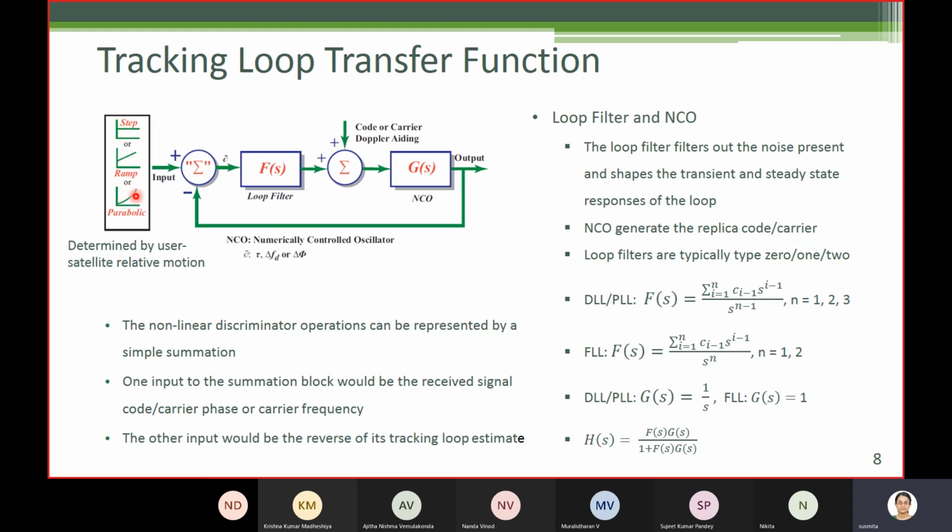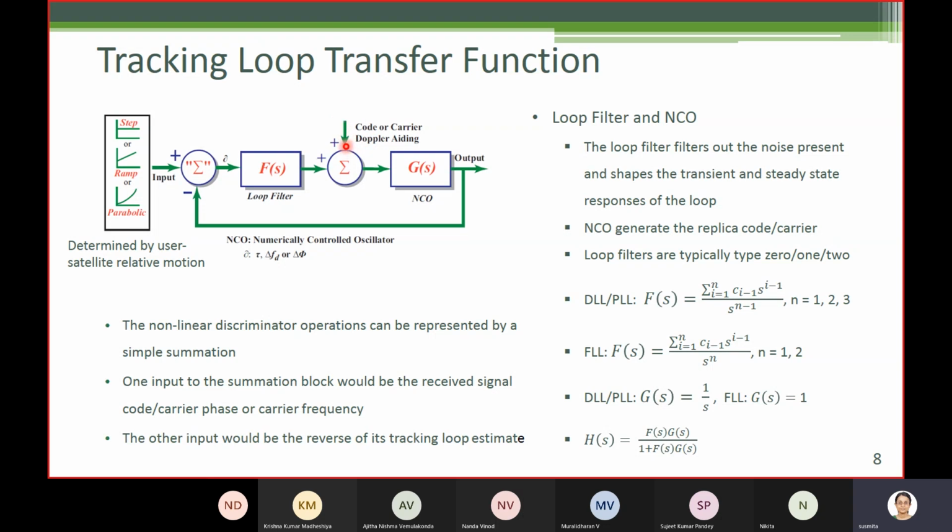So this profile is largely dictated by the user motion. So the INS can generate the user motion, and from the ephemeris, we have some idea about the satellite motion, so we can actually predict the Doppler and feed that.